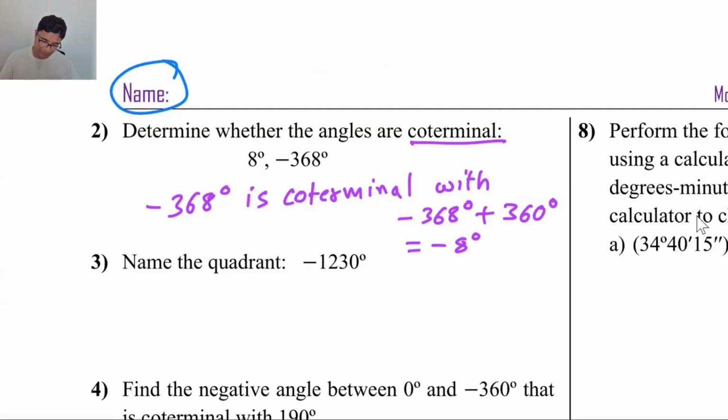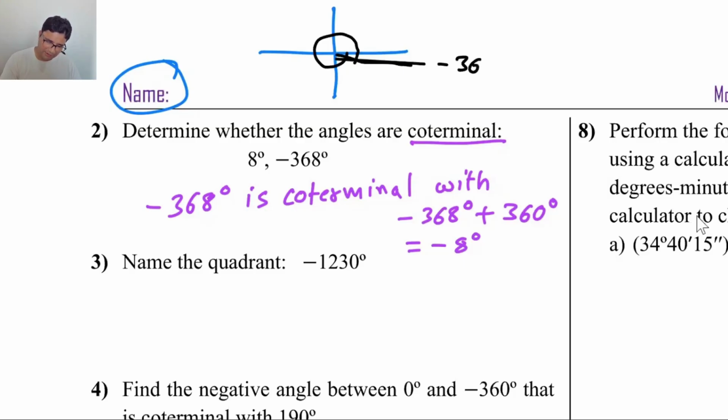That's way more positive. And to get a better sense here, you can actually even sketch them. So we are basically talking about these two angles. The negative 360 degrees is like clockwise 360 and another 8 degrees clockwise, a small angle, something like this, 8 degrees.